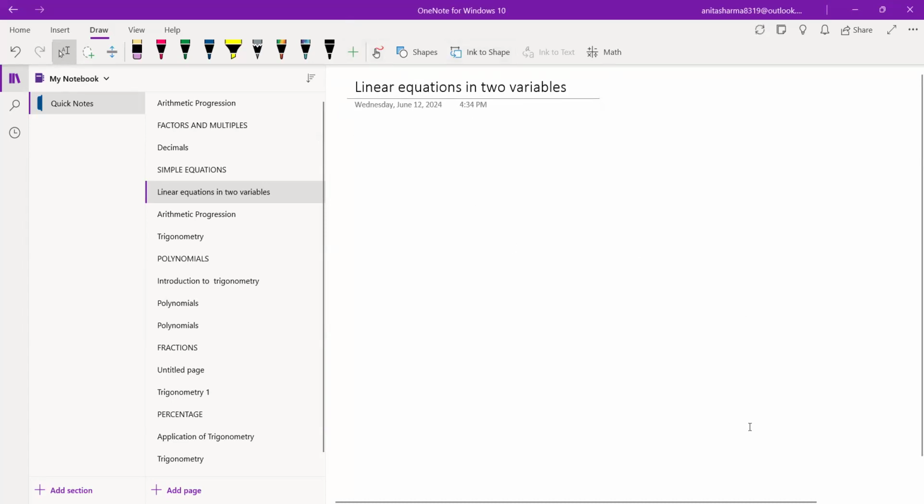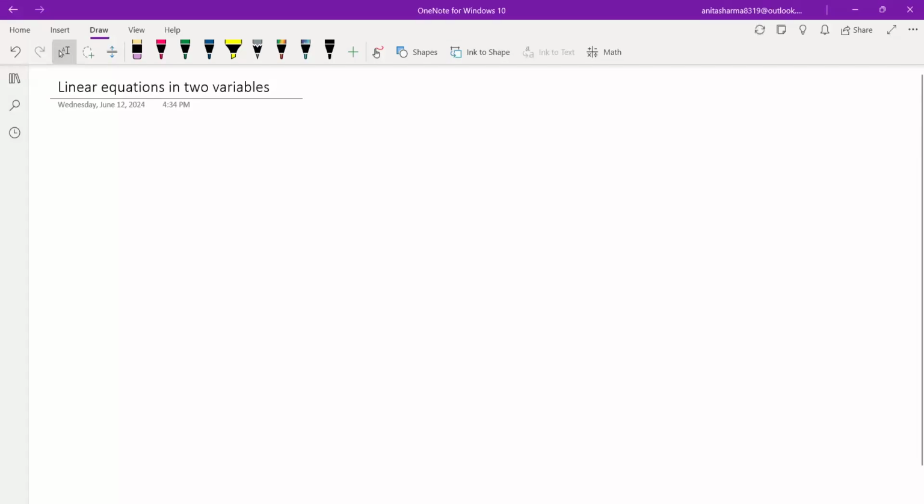So, basically, Kashvi, what is the standard form of a linear equation in two variables, beta? ax plus by plus c is equal to 0. Yes. In this chapter, we are talking about the pair of linear equations.